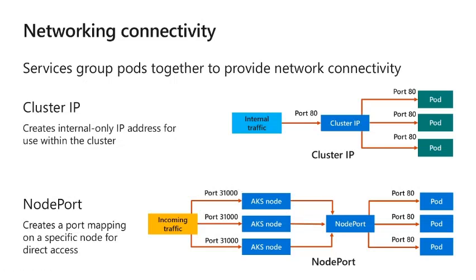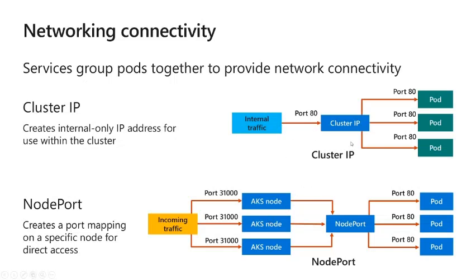Cluster IP creates an internal IP address for use within the AKS cluster, good for internal-only applications that support other workloads within the cluster. Node port creates a port mapping on the underlying node that allows the application to be accessed directly with the node IP address and port.